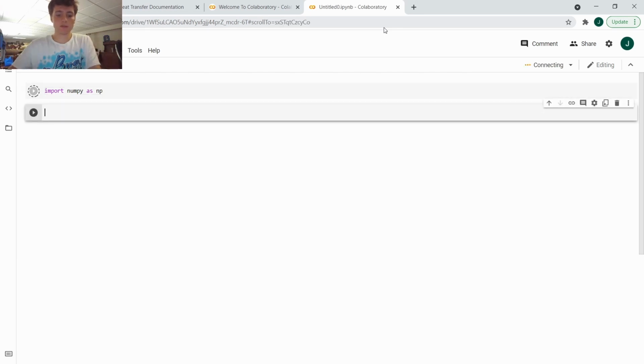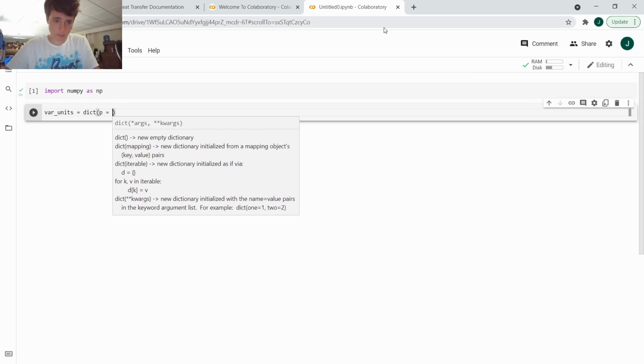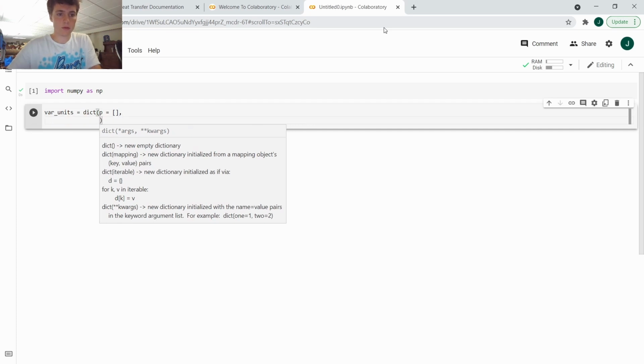So the first thing I'm going to do is create a dictionary of the variables and the units of the variables. So P will be density. That's going to be a list. And then we have mu, which is the viscosity.